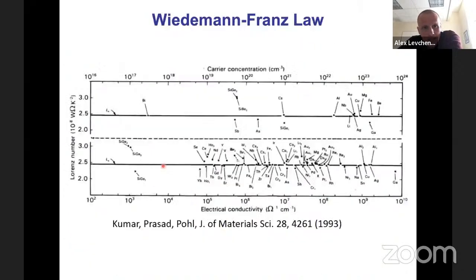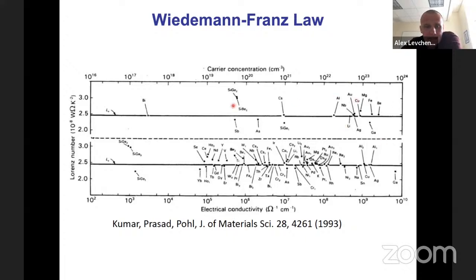Now, again, as a reminder, Wiedemann-Franz is not an artifact of a bad theory. Actually, it works really well and surprisingly well, I would say, for a number of simple metals and systems. And you can see this as a function of electrical conductivity through several orders of magnitude for aluminum and copper and gold and so on, some simple systems, and also through several decades change of the carrier concentration.